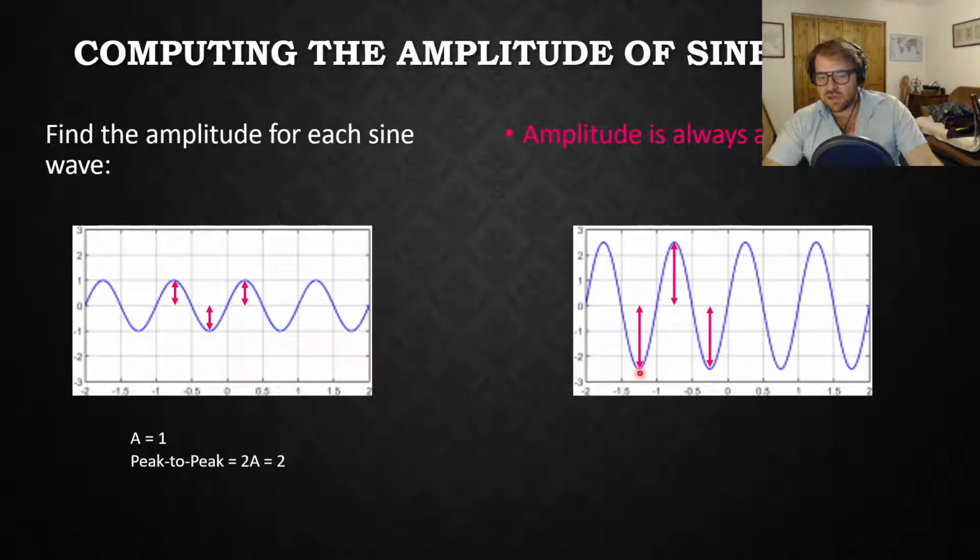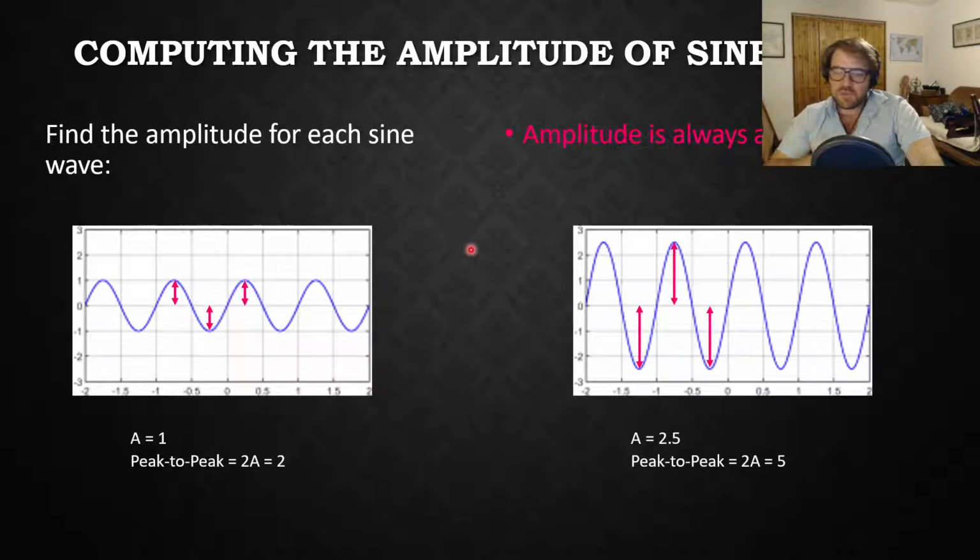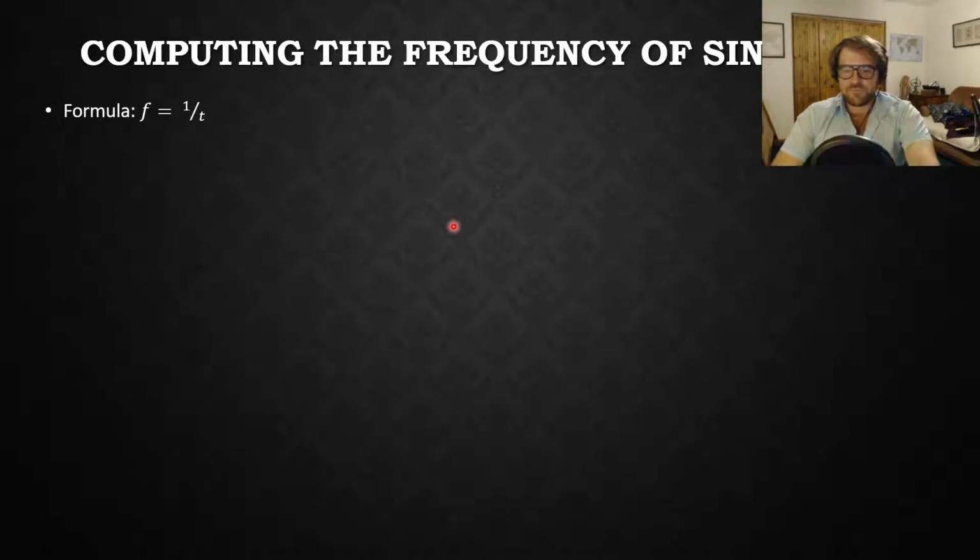Take the absolute value, so it's 2.5, or here 0 to 2.5. So I'd say 2.5. And again, peak to nadir is 2 times the amplitude, so it'd be 5, and you divide by 2 and you get 2.5. But just go from the 0 and then go to the peak. Okay.